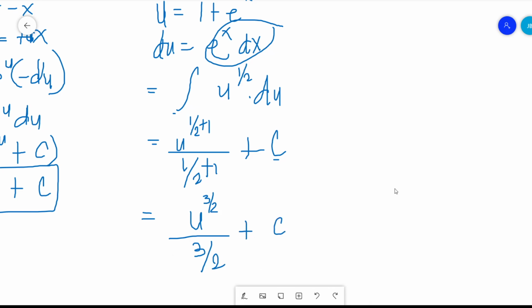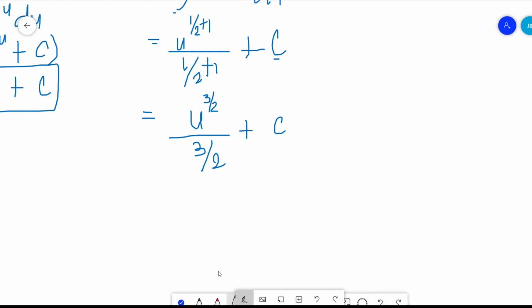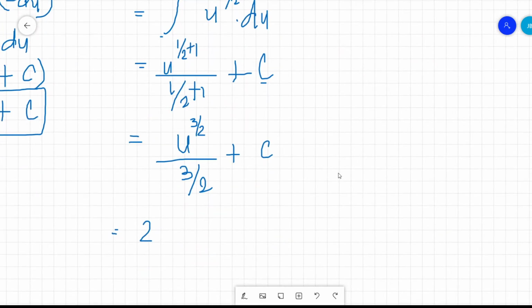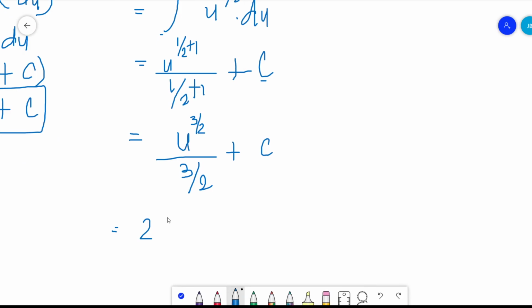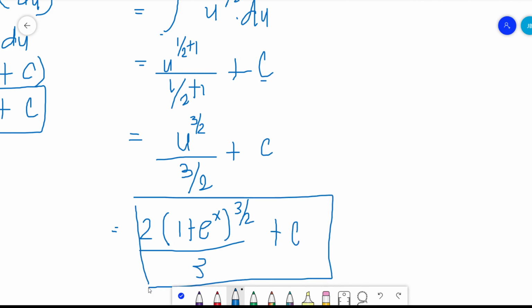Simplifying your answer will lead us to 2u, and what is your u once again? Your u is 1 plus e^x, times 1 plus e raised to x, 3 halves, over 3, plus c. Now this is your final answer.